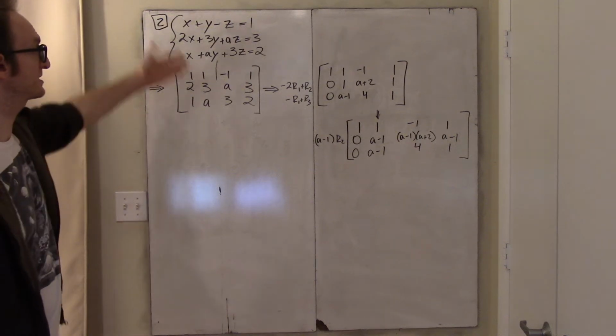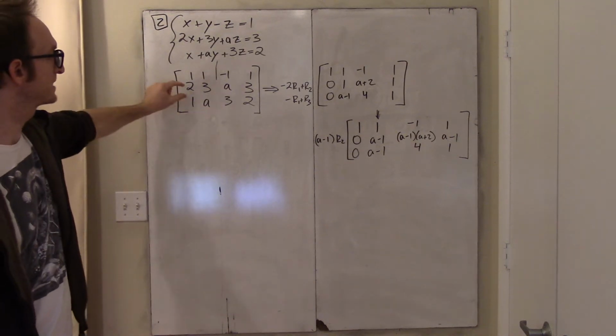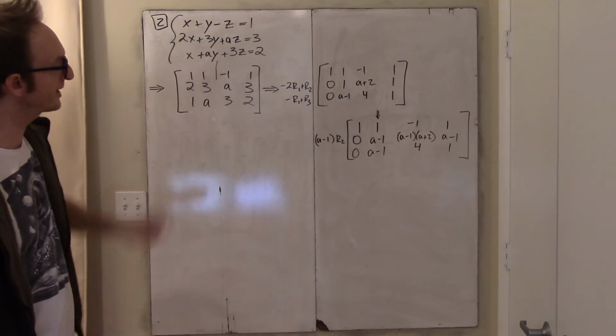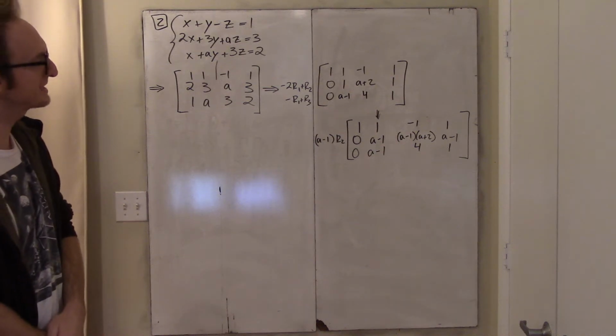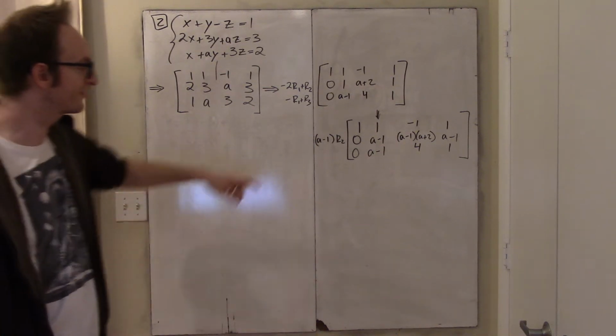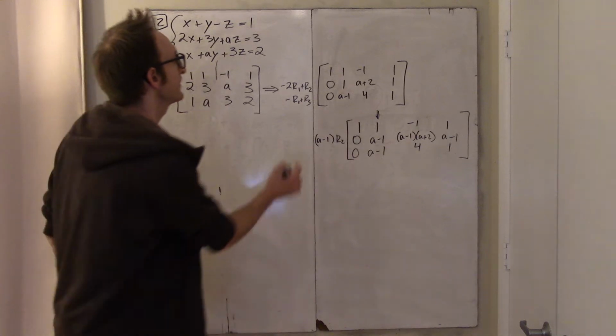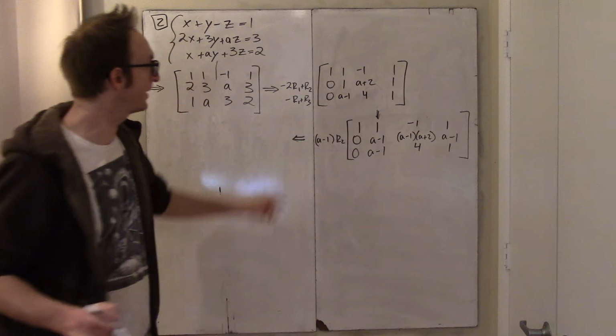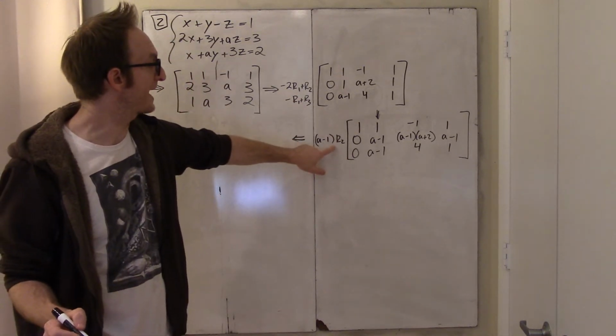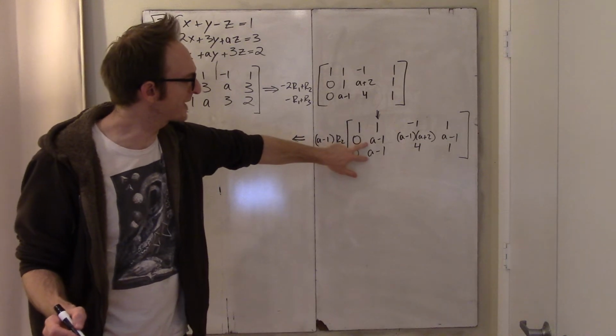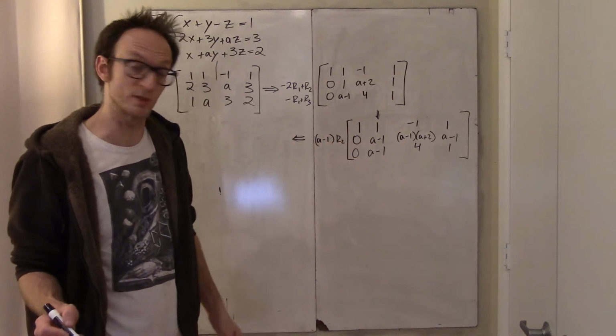I just put the system directly into the matrix, did Gaussian elimination carefully, hopefully not making any mistakes. And here I inserted this preliminary step to multiply row 2 by A minus 1, just so I could subtract now. That's the point, right?